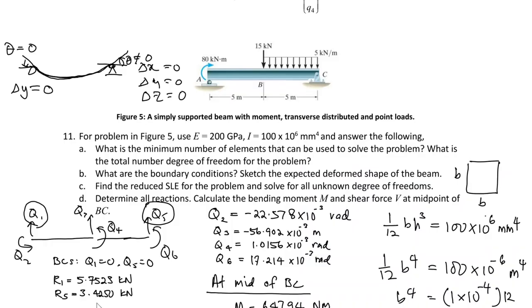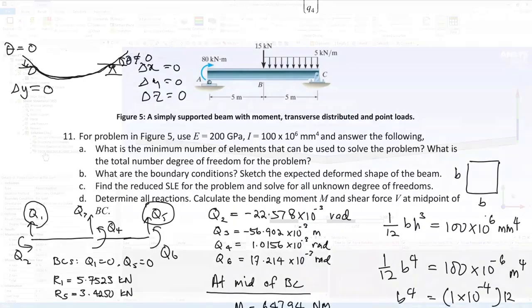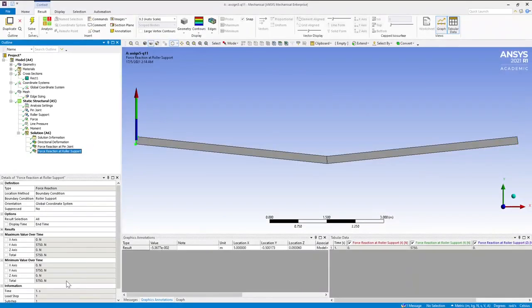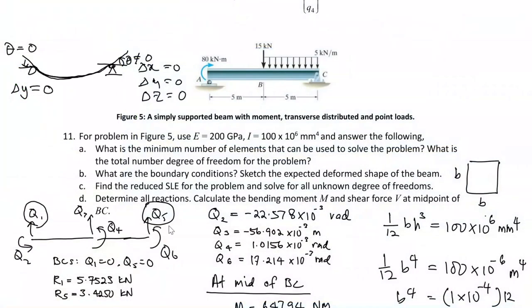Did I get that one right, or did I copy the wrong solution? Let's look at R1. R1 is at the roller support, 5.750 kilonewton, which should be the same. So R5 is wrong.